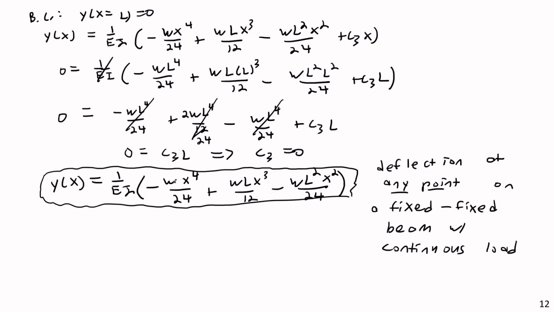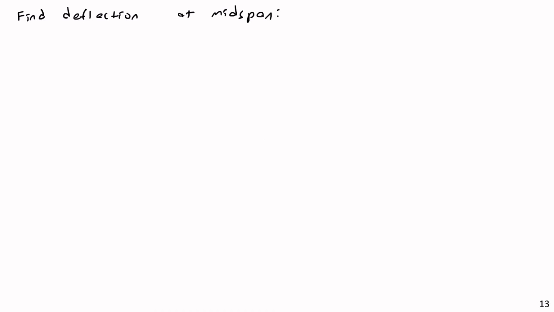So finally, let's go ahead and apply this. Find deflection at midspan, finally. This is the last step at last. Really, this is just plugging in a constant. I'm going to plug L over 2 into this expression for x, because that is halfway across the beam.